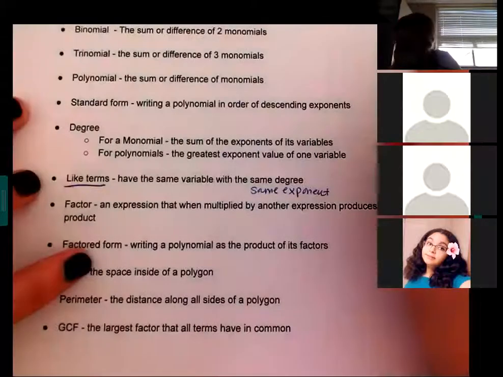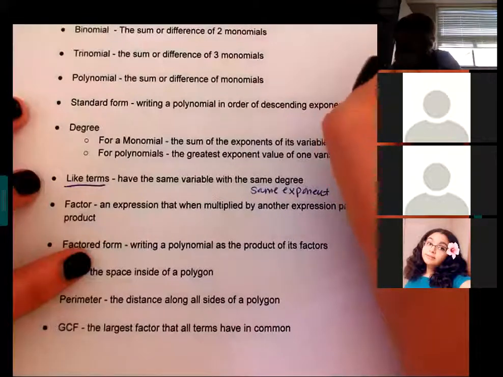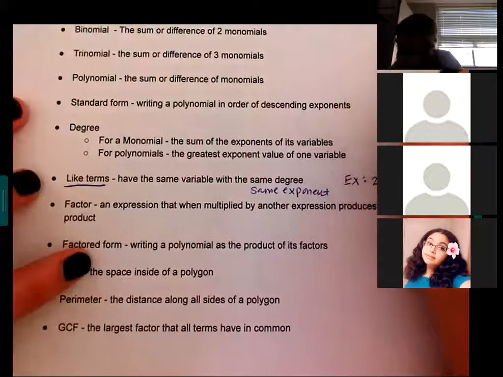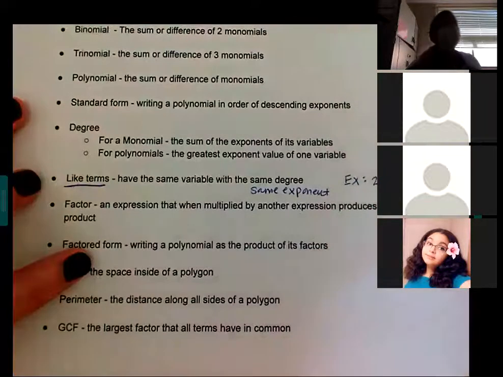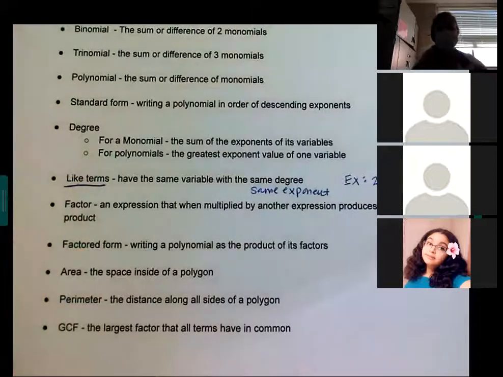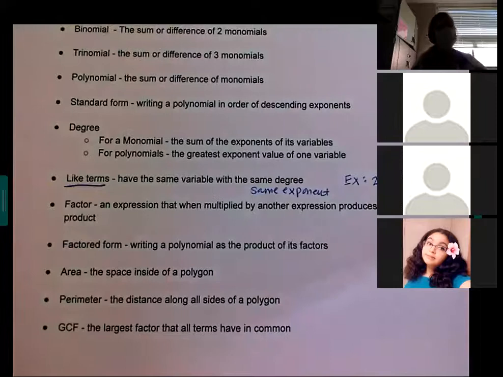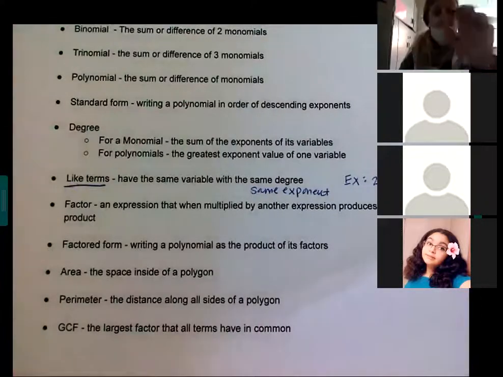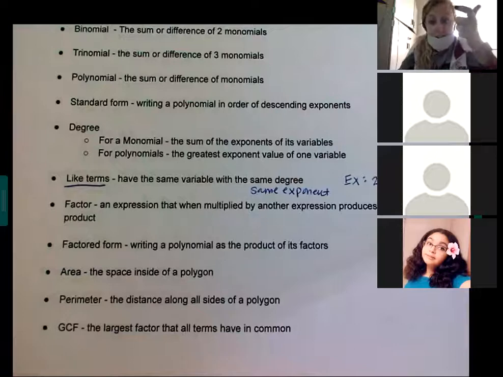So let me give y'all an example. Look at those, 2x squared and 4x squared. Do y'all think those are like terms? Okay, why? Good. She said yes, because they have the same exponent and the same variable.